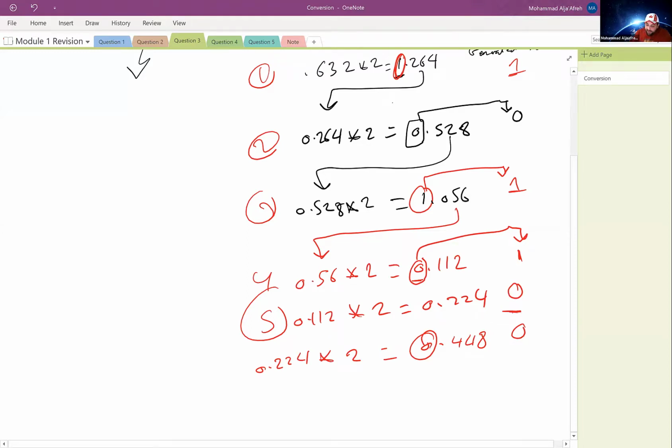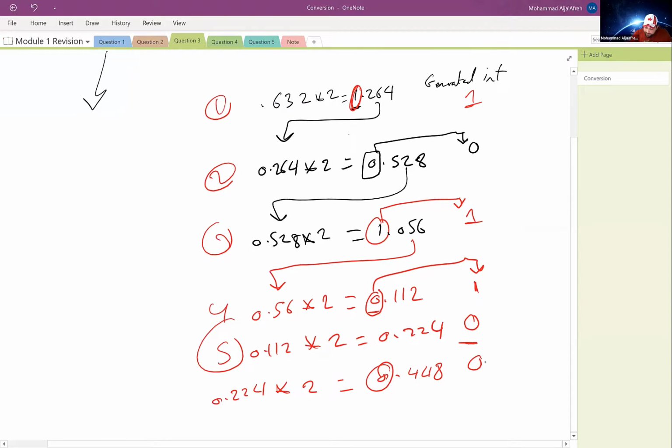So for the fractional part, I have to take the binary bits from top to down. This will be my most significant bit, and then I go down.